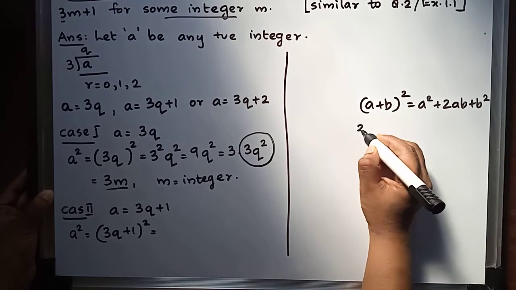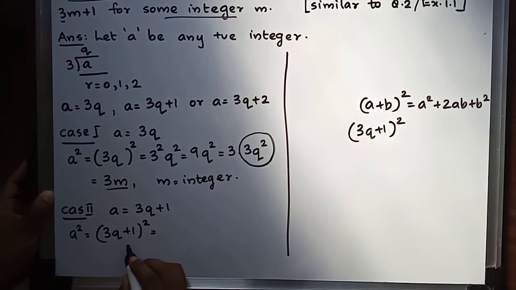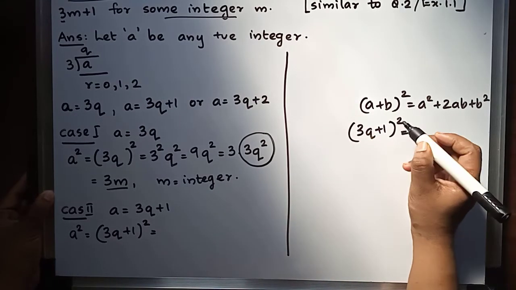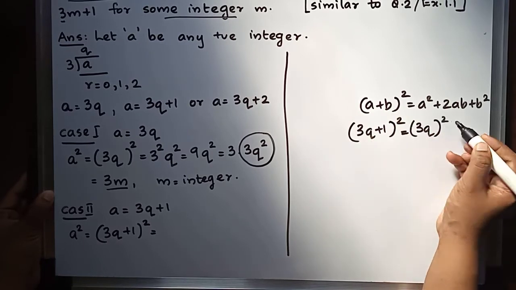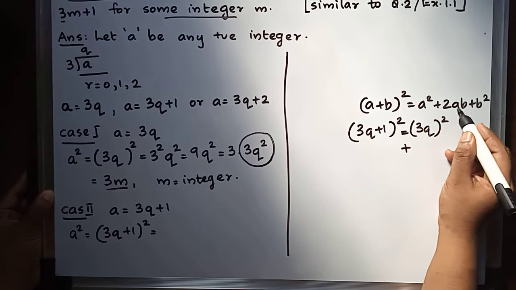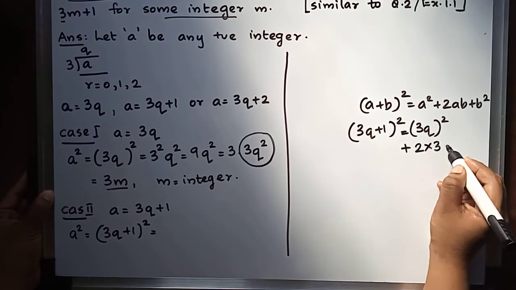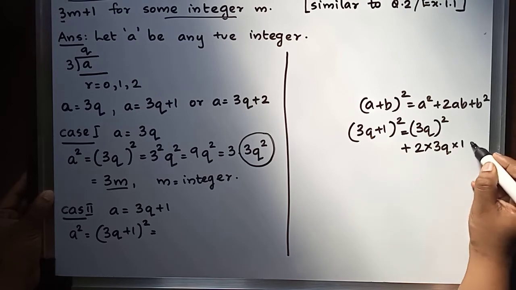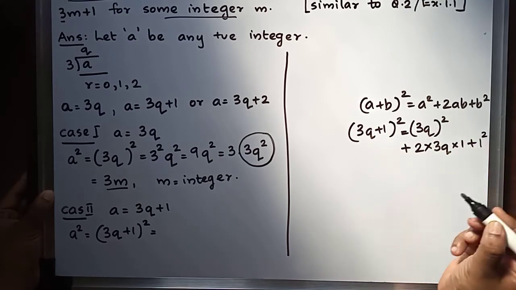So what will be 3q plus 1 the whole square? See, here in place of a we have 3q, so 3q the whole square, plus 2ab, where in place of b we have 1, plus b square. b square is, here, 1 square.